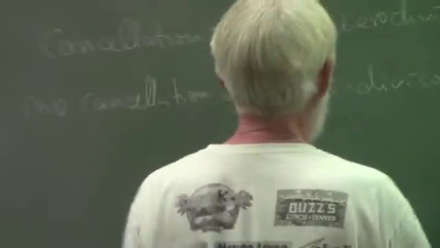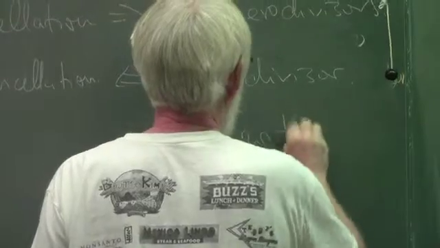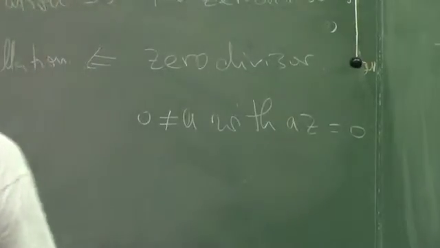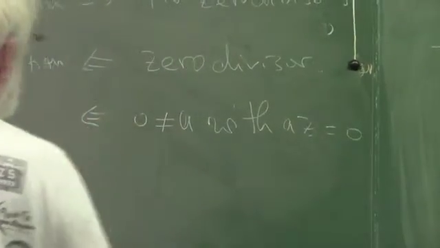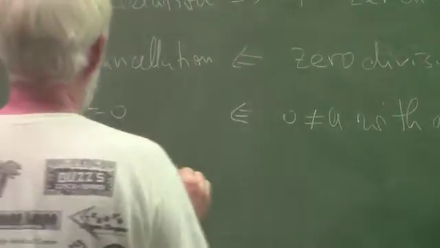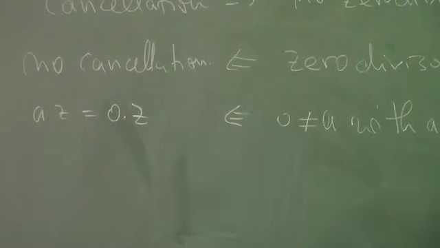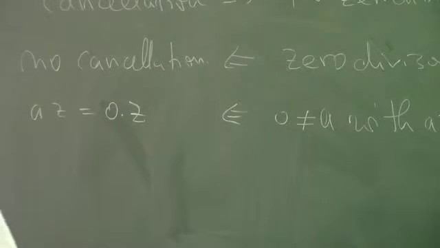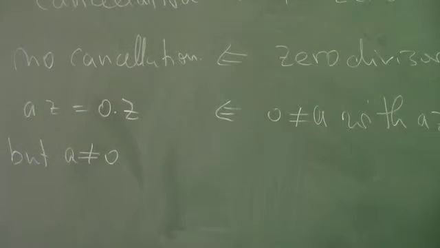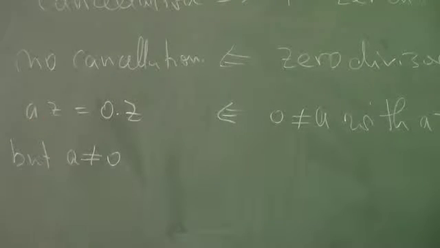So here you take a not equal to 0 with az equal to 0. This implies az equal to 0 times z. But a is not equal to 0, so that means no cancellation.